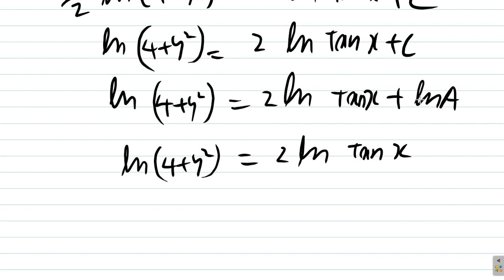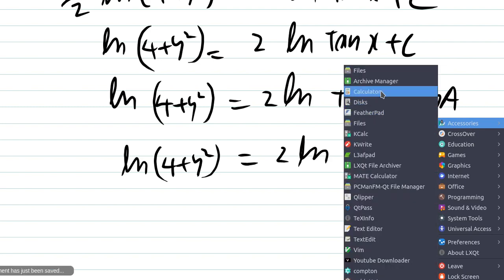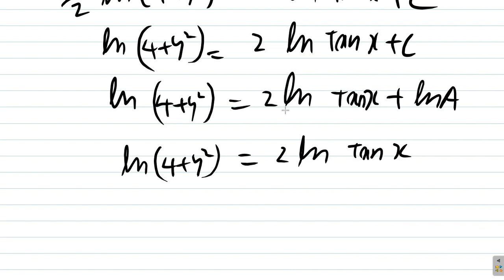When you have ln of a number plus ln of another number, it is the same as ln of the numbers multiplied. We can just quickly review that and see.